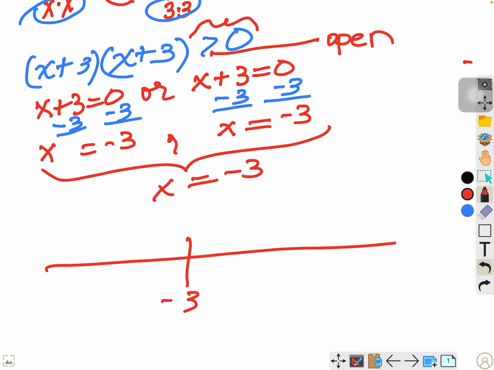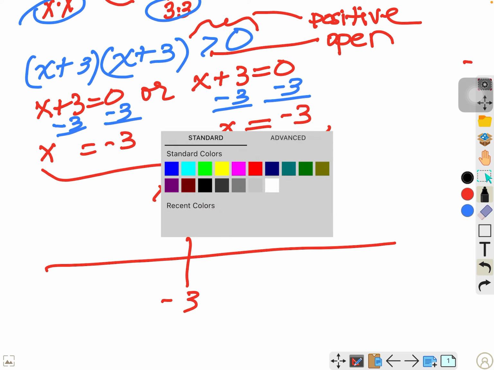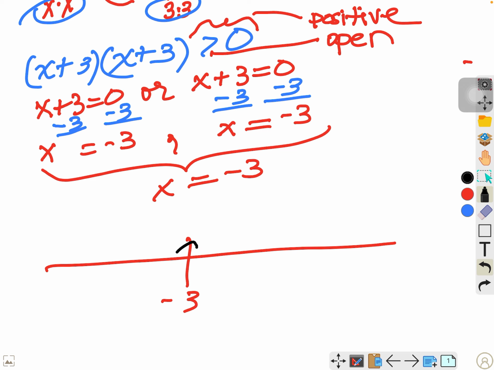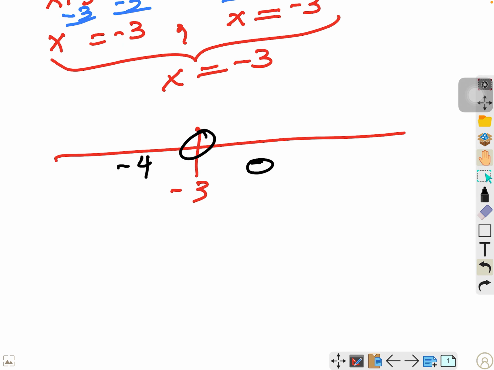More than 0 means positive. So an open interval, and we're looking for positive. Numbers larger than -3 would be 0. Smaller than -3 would be -4. So we're going to test this out.